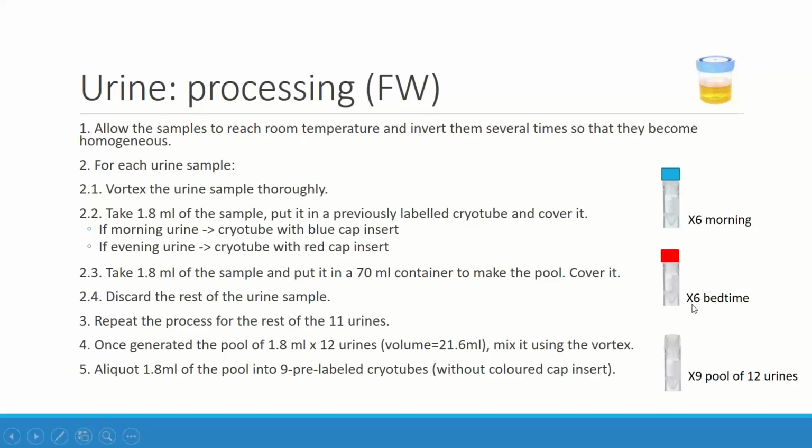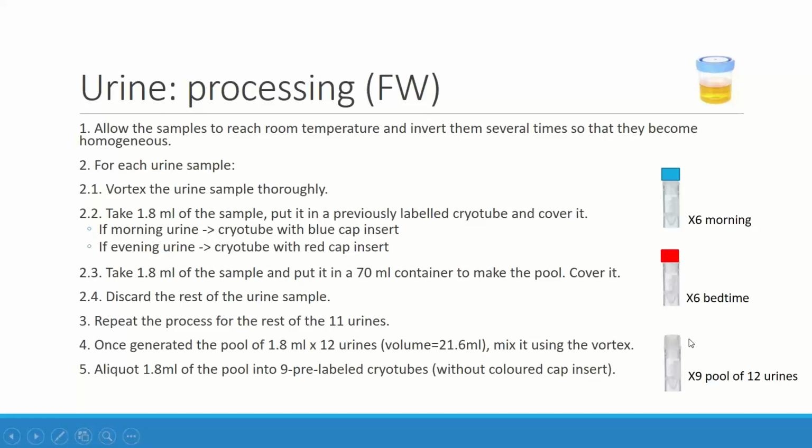We will also keep the same number of aliquots for the bedtime urines, and this means 1 aliquot for each day. And finally we will create 9 pools, including the 12 urines, and these pools, which will be exactly the same, so these are replicates of the same pool, will be stored in these cryotubes without any insert.